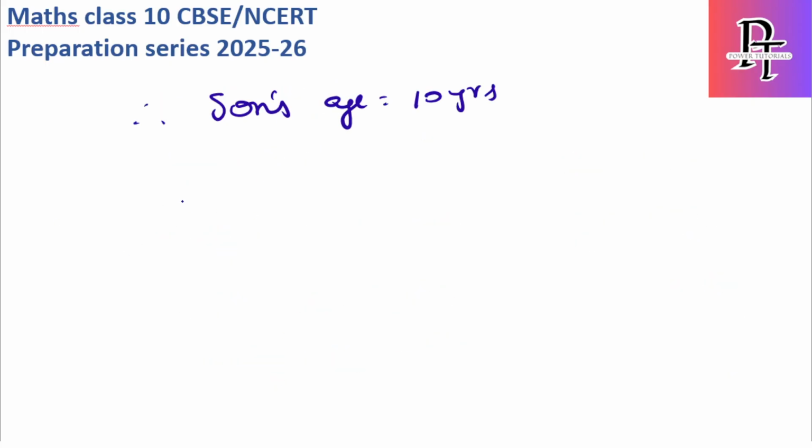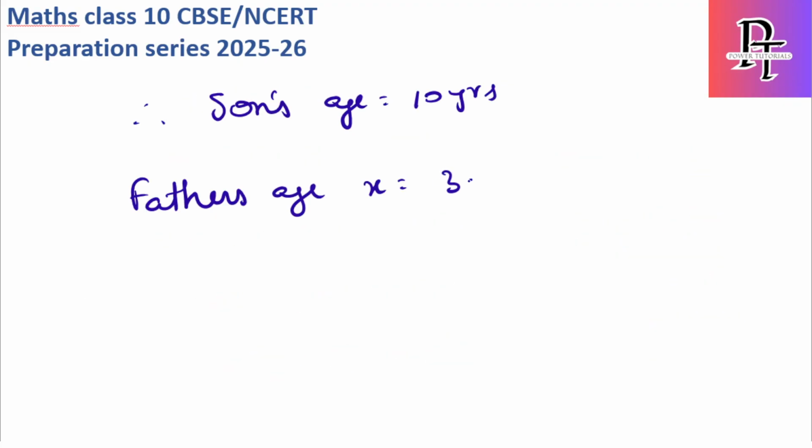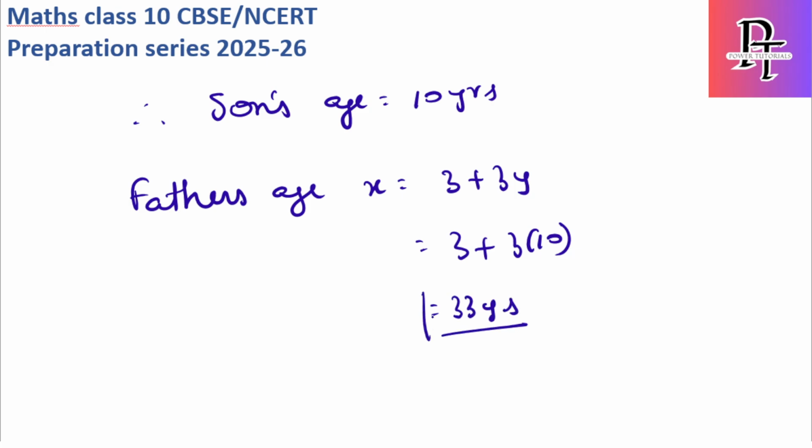So x, father's age, x is equal to 3 plus 3y, which is equal to 3 plus 3 into 10, which is 30 plus 3, 33 years. So son's age is 10 and father's age is 33.